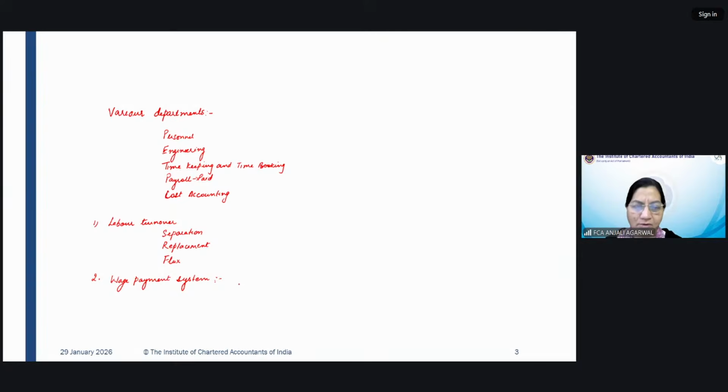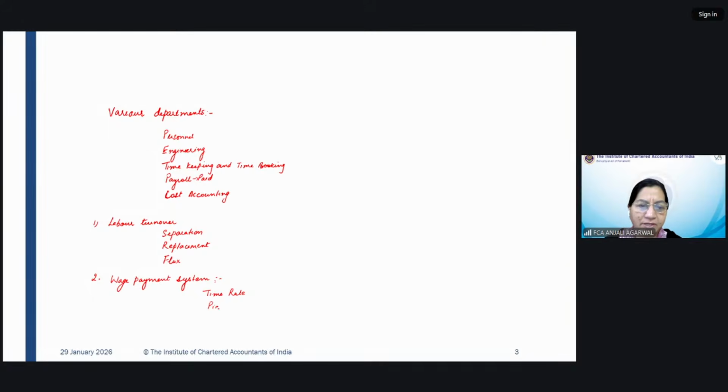Both have their pros and cons. If you pay the time rate, even if the worker is non-productive, they will also be paid. This will frustrate those workers who are working efficiently in the long run.